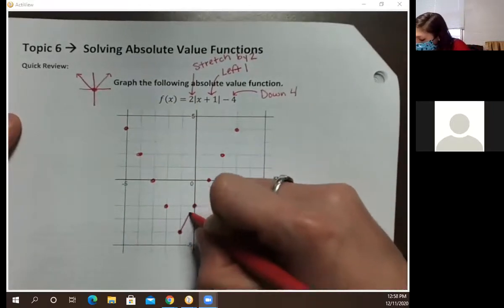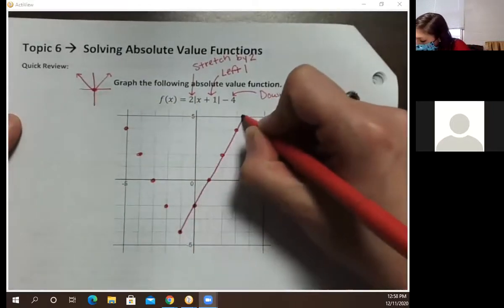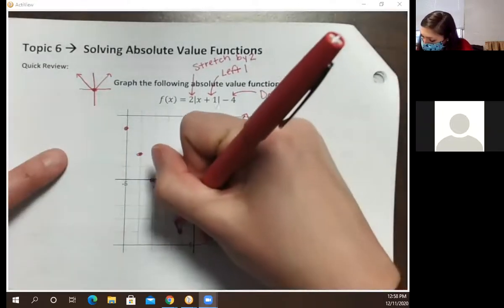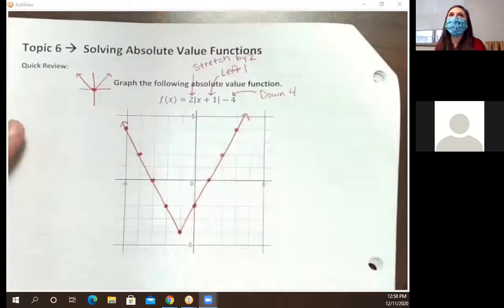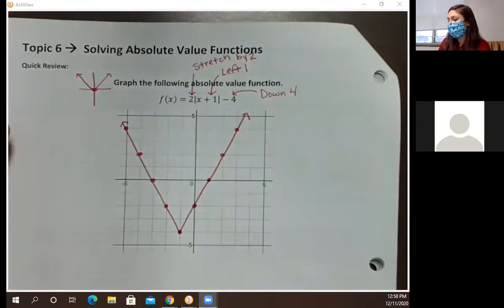And there's my V shape for my absolute value graph. Questions for me so far?